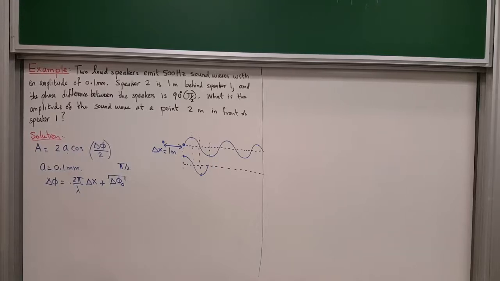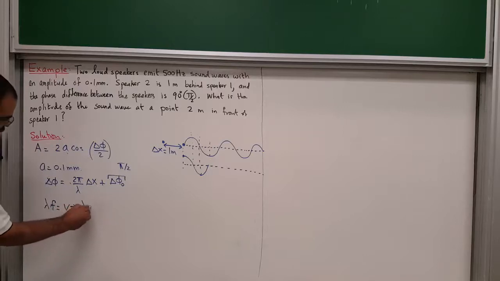Before I proceed, I need to calculate lambda here. This is a sound wave, so it has a definite speed. We know that lambda times f is the speed of the wave, so lambda would be v over f.